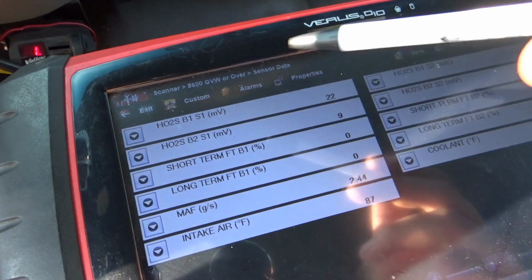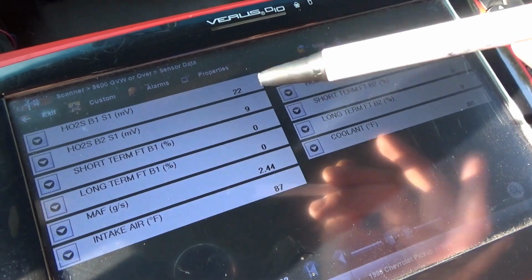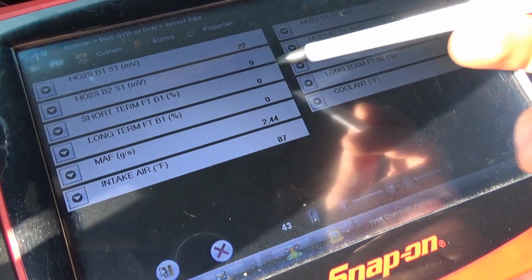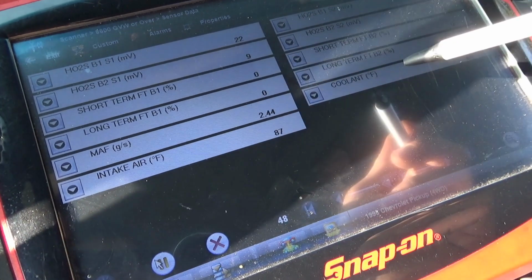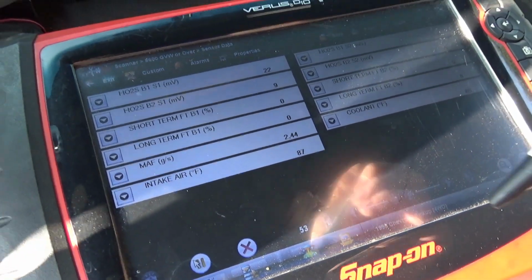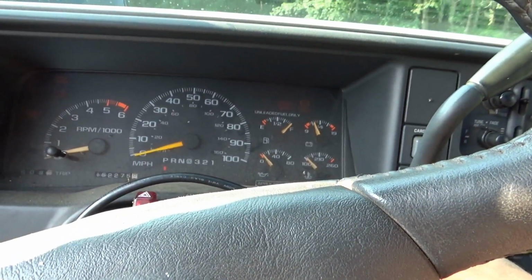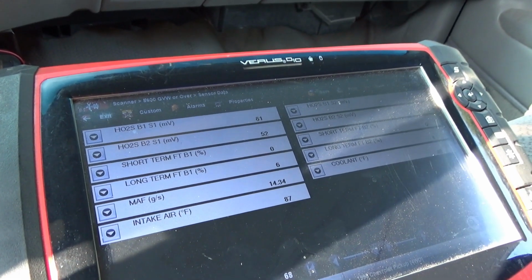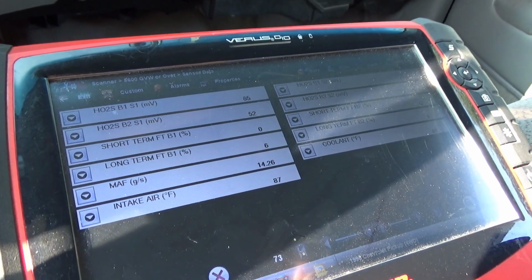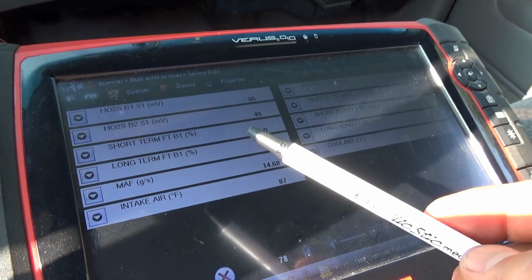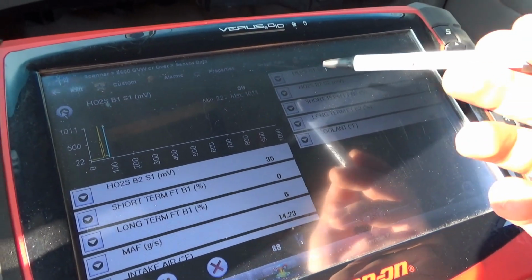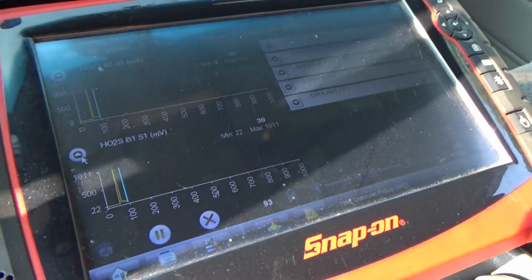Alright, here we go. So on this data list, it doesn't give me all of the PIDs that I want, but all 4 oxygen sensors, short and long-term trims, mass airflow, coolant temp, and intake air. Let's fire it up. Fires right up. Bank 1 sensor 1, bank 2 sensor 1.